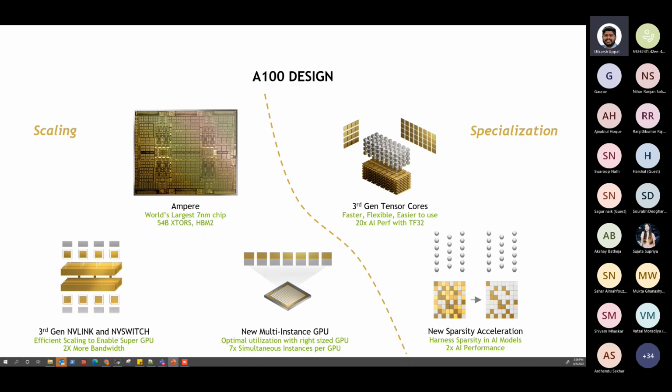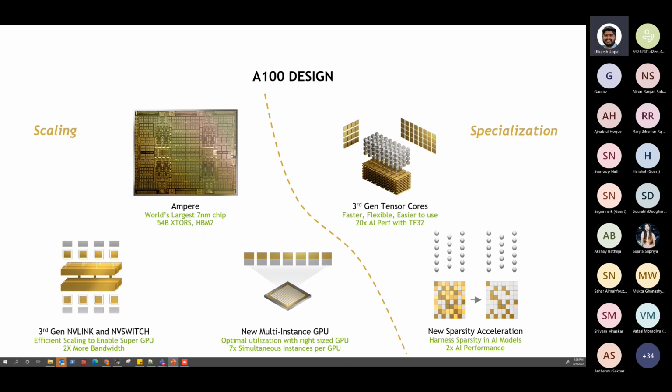For example, let's suppose you have 80 GB of GPU memory. You can create 7 partitions of about 10 GB each. So at most on one particular GPU, 7 users can work, and on one DGX server, 56 users can work at a time, provided they only need 10 GB of compute.